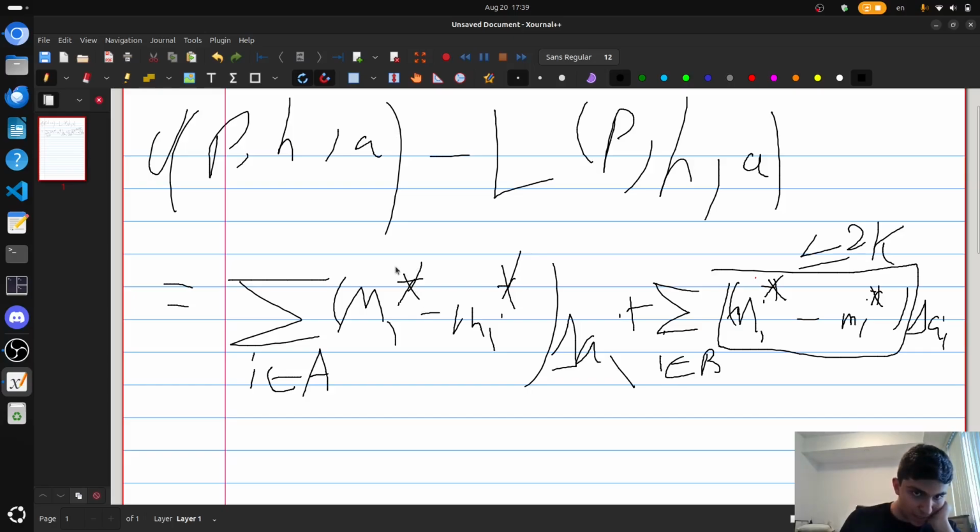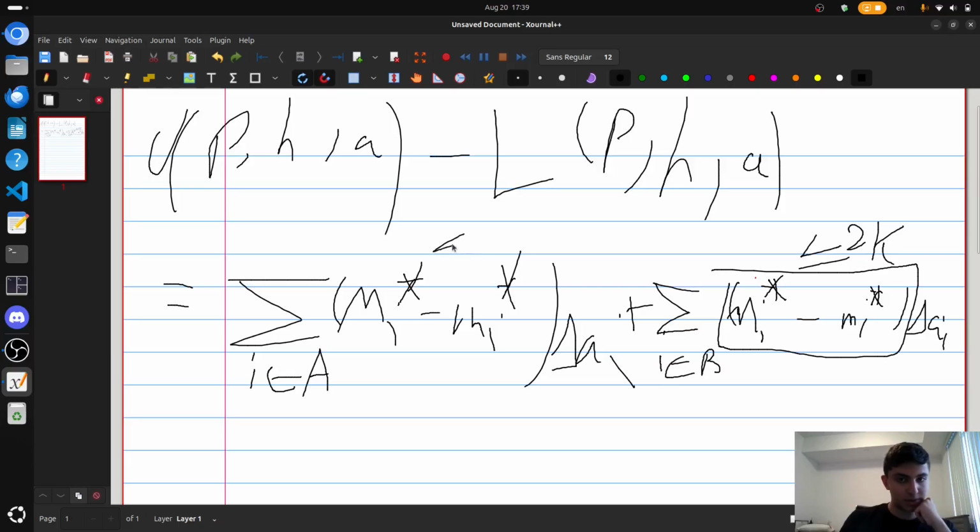We know that when it's in A, we just showed that Mi star minus mi star is less than or equal to epsilon, because we know that Mi minus mi is less than delta, which means by continuity that Mi star minus mi star is less than or equal to epsilon.